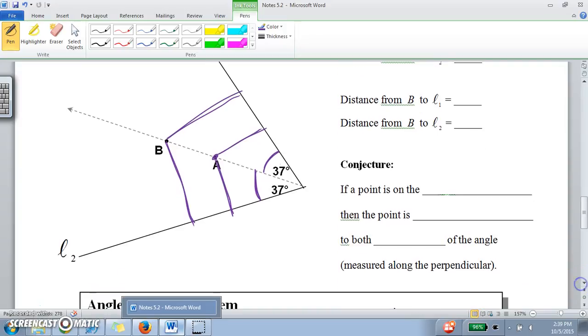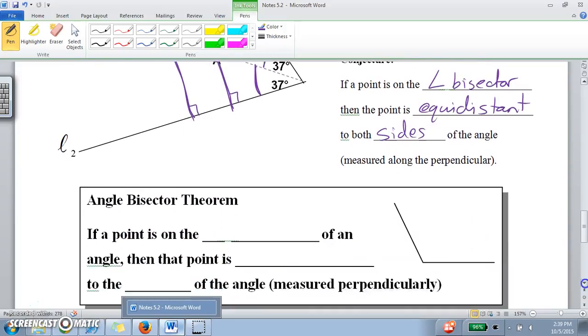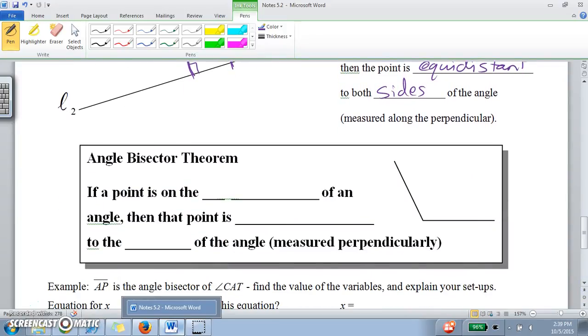So the angle bisector theorem: if a point is on the angle bisector, then the point is equidistant, meaning the same distance away, to both sides of the angle, if you measure it at a right angle. The shortest distance from a point to a line is straight across at a right angle, so we have to measure it at a right angle. Just restating, this is called the angle bisector theorem.